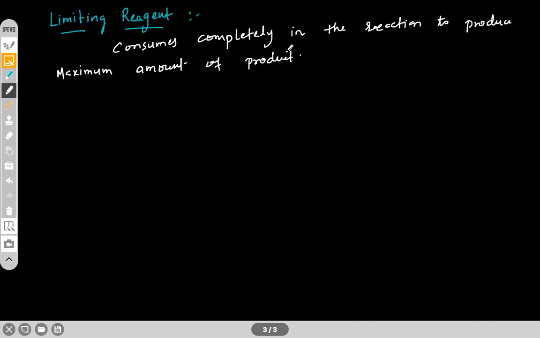This is what we have discussed. We have also discussed how to find out the limiting reagent, right?